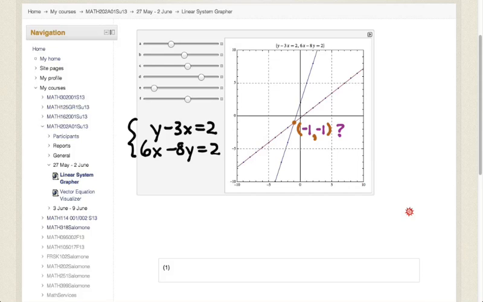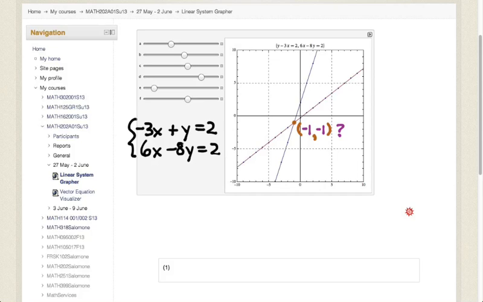This shouldn't trouble you as a mathematician, but as an aesthetic person, we will frequently this semester want to write them so that the x's and y's are in the same order in both equations. So rather than y minus 3x, I'm going to write it as -3x plus y in the first equation. We lose nothing because addition is commutative.